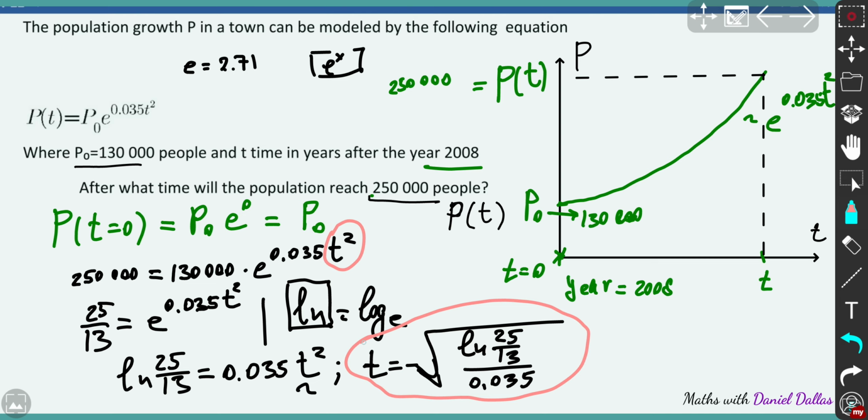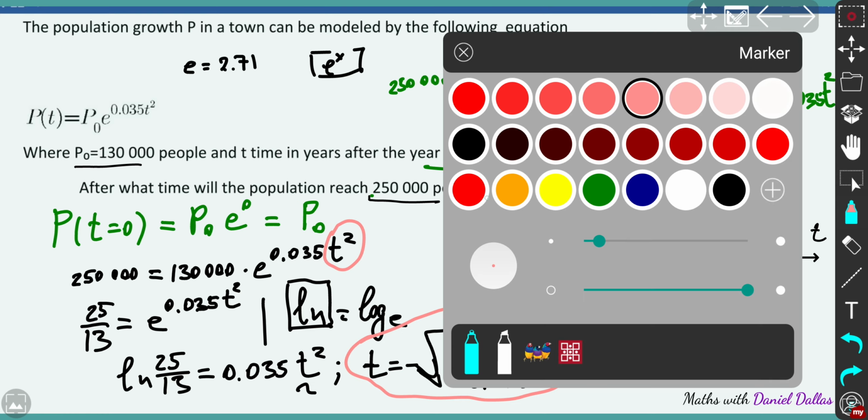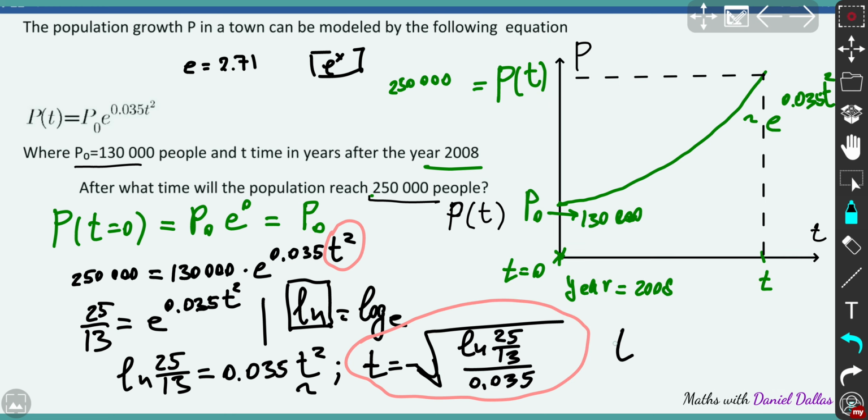So that's our rearranged formula, and that's how we can get the t value. And now grab your calculators. Use the square root of the whole fraction, ln of 25 over 13, over 0.035. If you calculate that, and I already did it, I've got t is around 4.32 years.